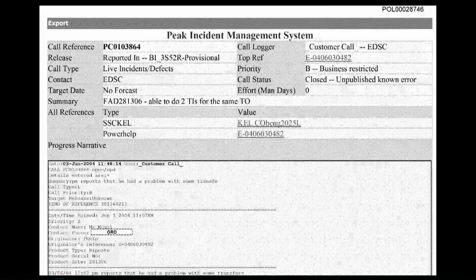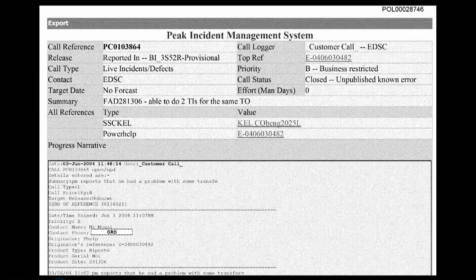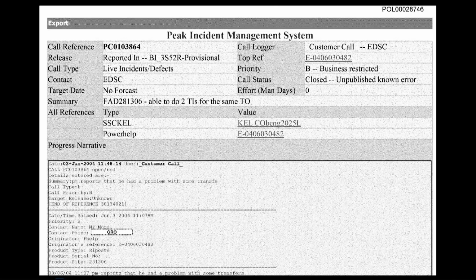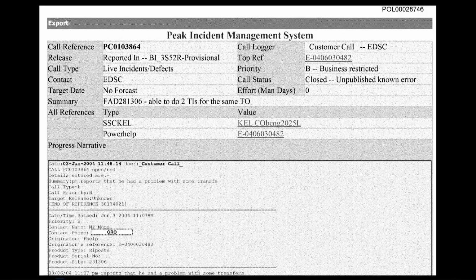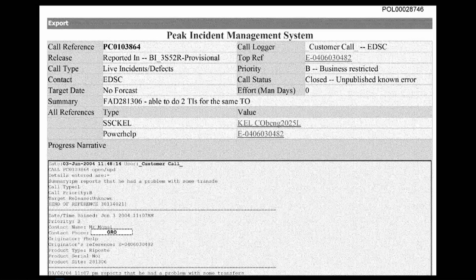Poll 302, 8746. This is a peak 0103864 raised, you'll see under the progress narrative, on the 3rd of June 2004 after a sub-postmaster reported problems with transfers.